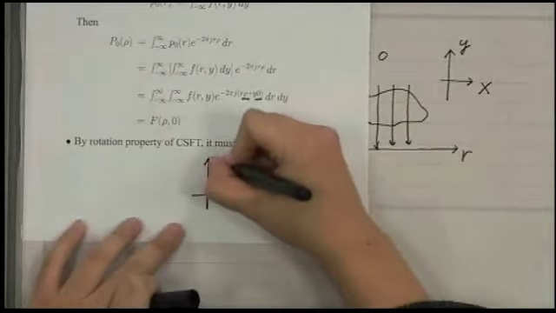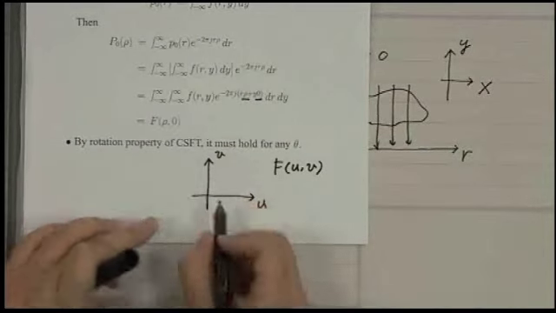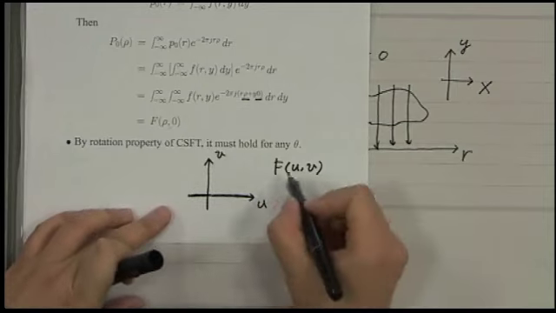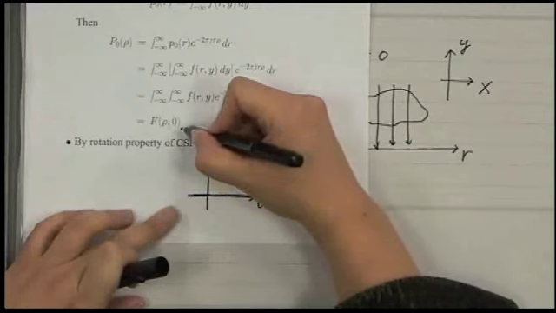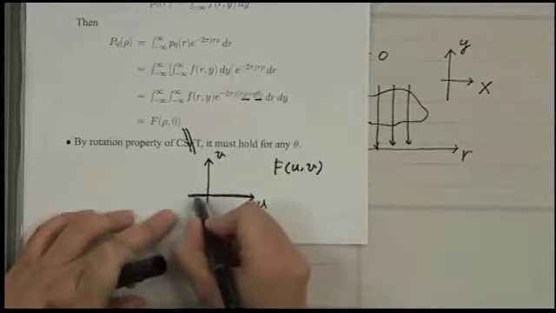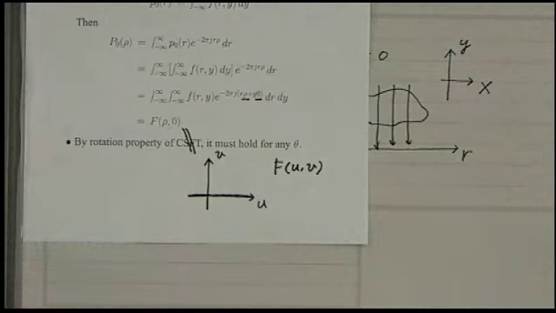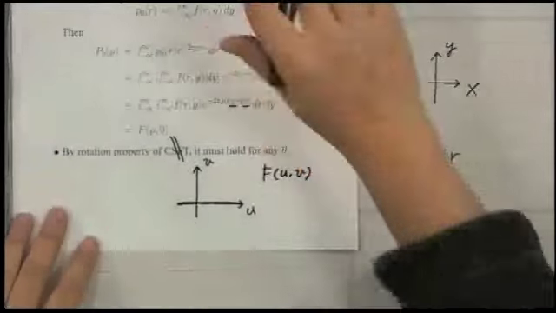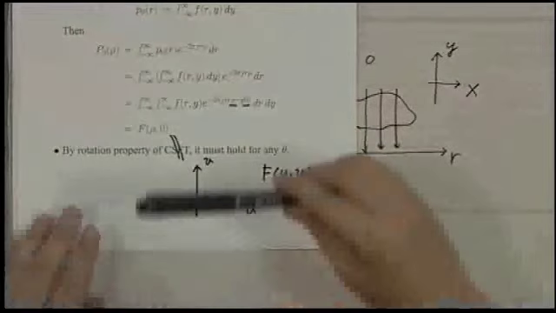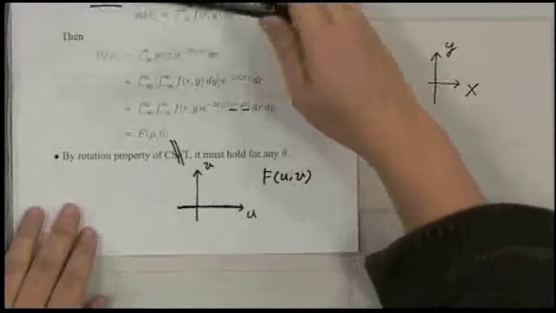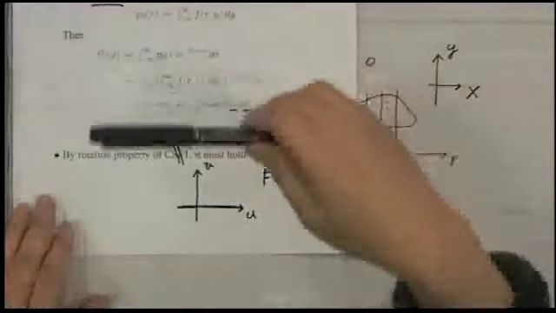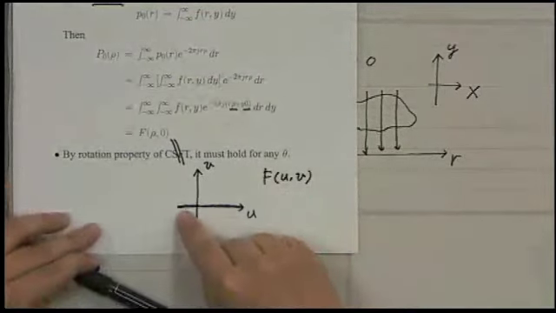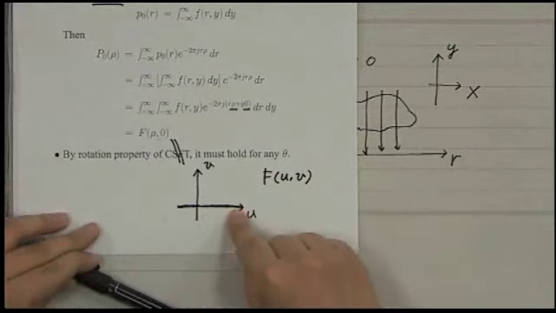So actually this is this line on F(u,v). This line. So what we did is that we just proved one of the cases, theta equals 0. If we take a projection at theta equals 0 and then take the Fourier transform, then it matches the values on the line over here.